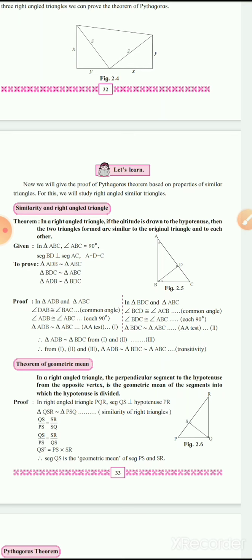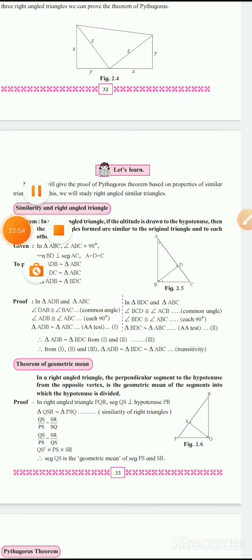Means all these three triangles are similar to each other. Here the reason is transitivity. Okay, so in this way we have proved the theorem on similarity and right angled triangle.